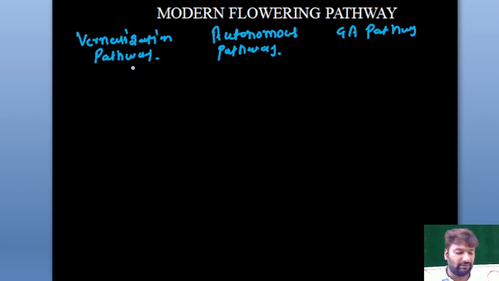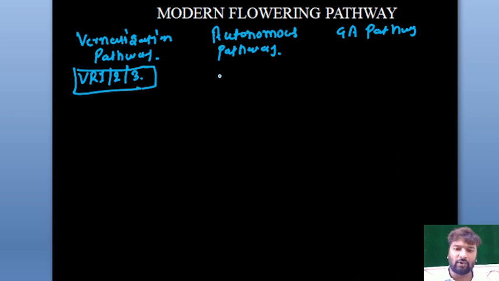The vernalization pathway has some genes like VRN1, 2, 3, and the autonomous pathway has some genes like FCA, FY, FVA, FV.